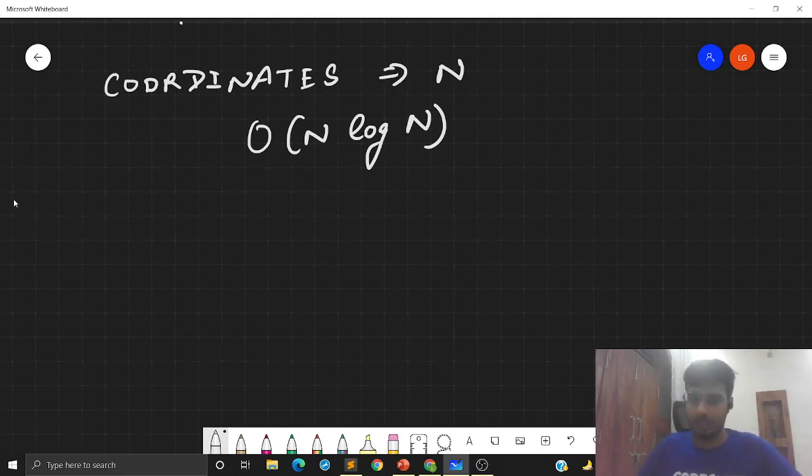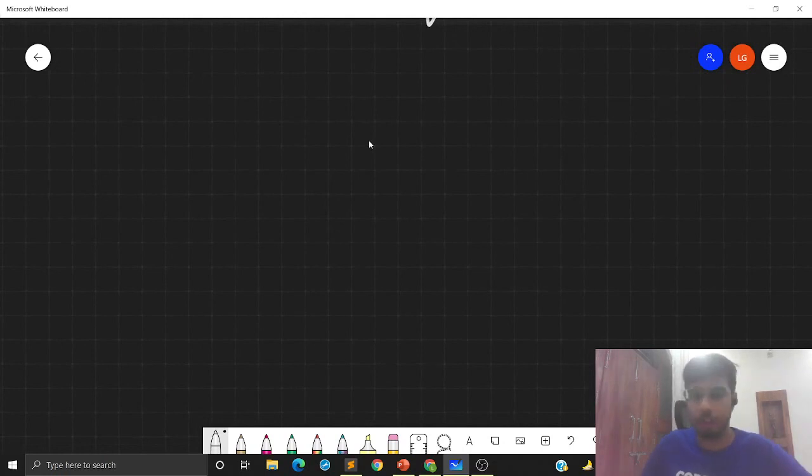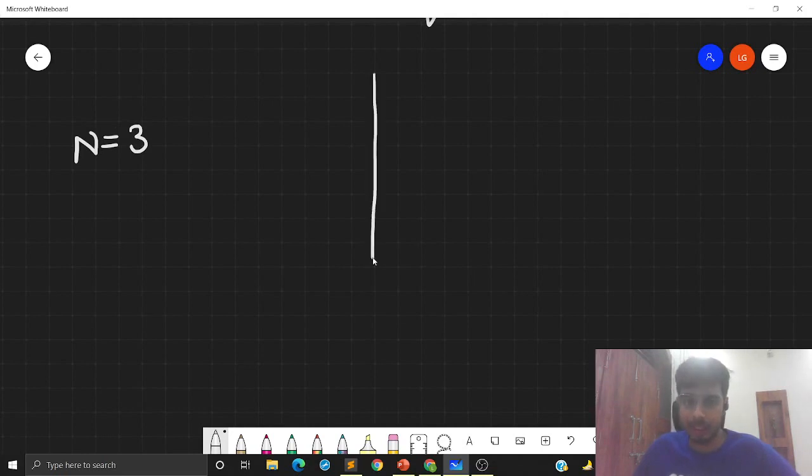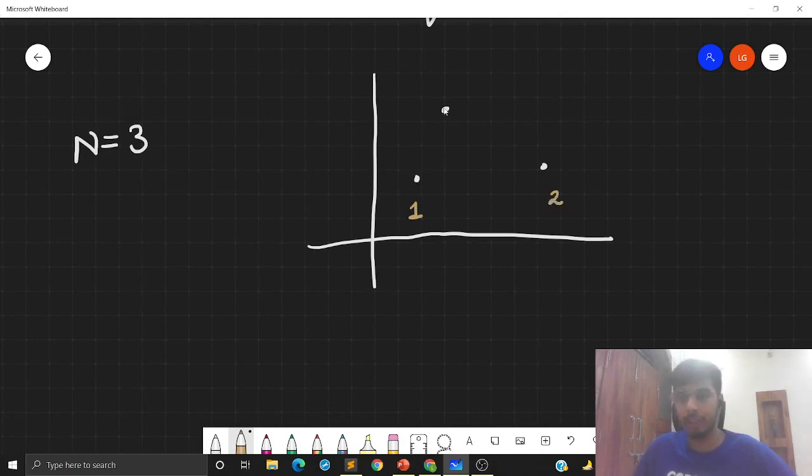So let's again start with the base case. Let's start with n equals 3 and see what will happen when n is 3. So now we have n as 3 and we don't know the coordinates of the points that we have. Suppose this is the first point, this is the second point, and this is the third point.